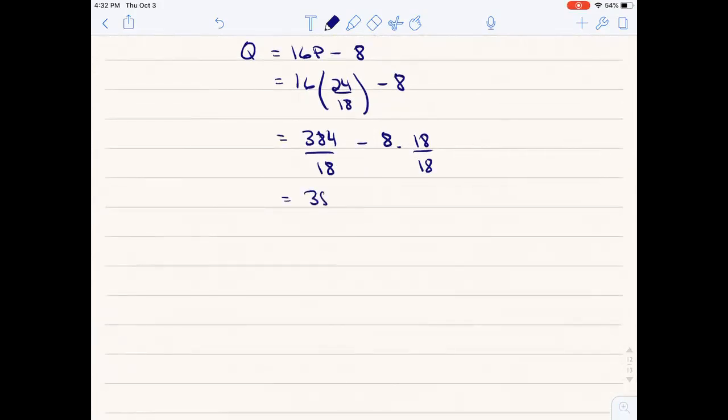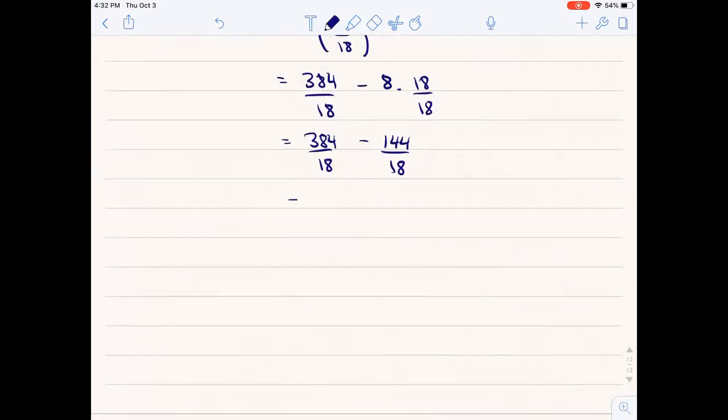So I get 384 over 18 minus 8 times 18 is 144 over 18. Now I can combine these fractions. So 384 minus 144 is 240 over 18.